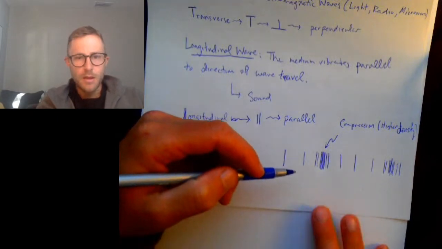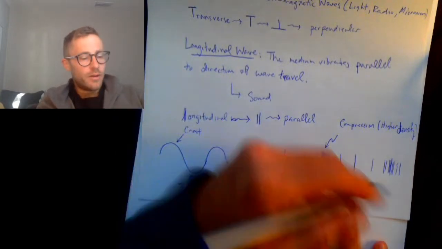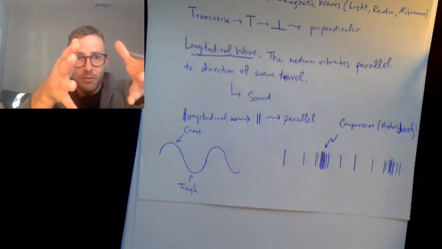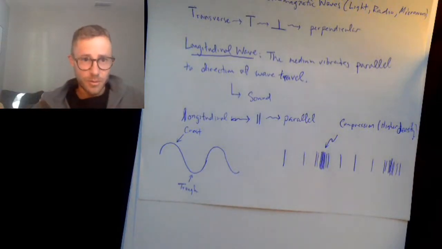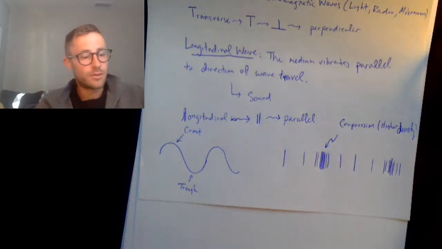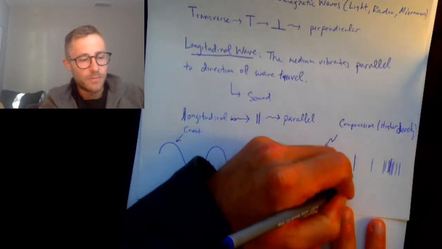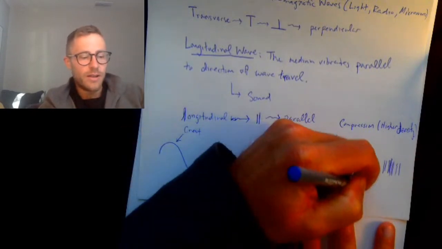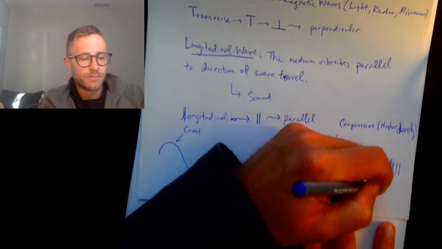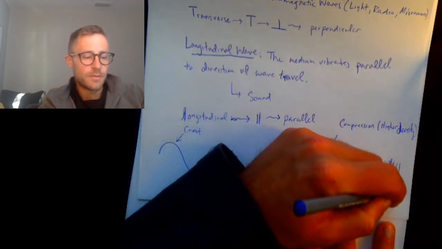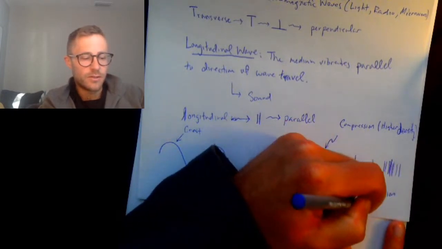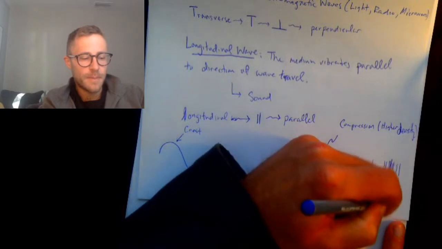And because we're making part of the medium more dense, there has to be another part of the medium that is less dense. That would be right here, and that is called a rarefaction. So that is a less dense region.